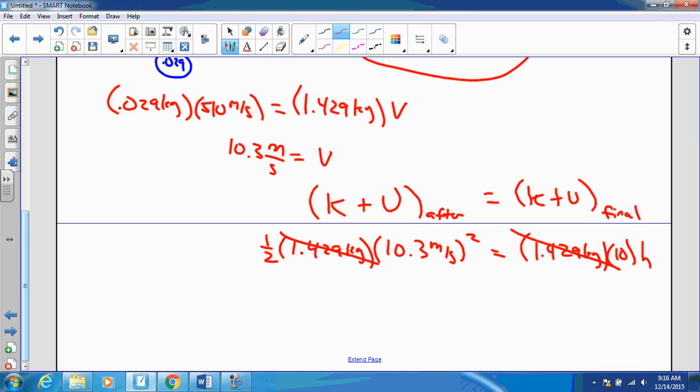Notice that the masses actually cancel out. So what I'm left with is 1/2 of 10.3 squared, which is pretty close to 10, that's right. So the height that I get then is 5.3 meters.